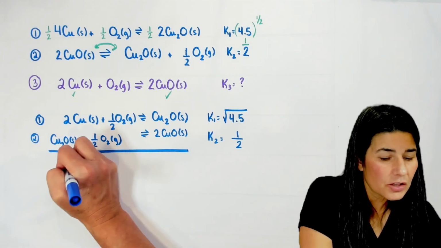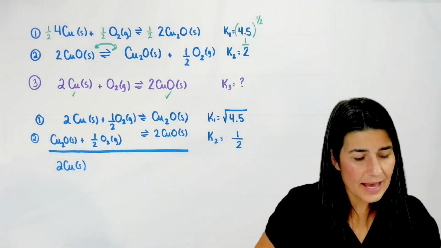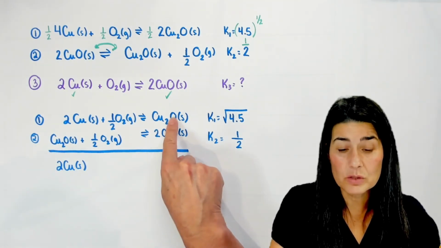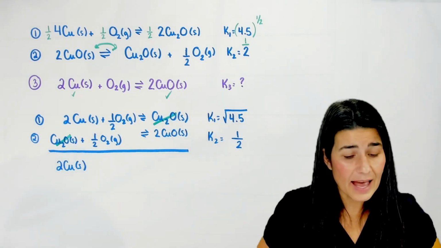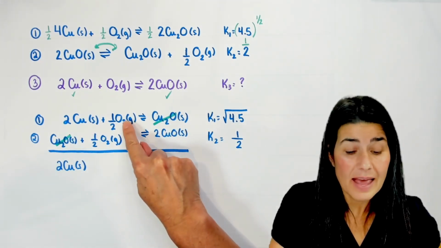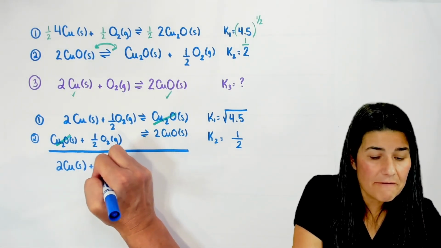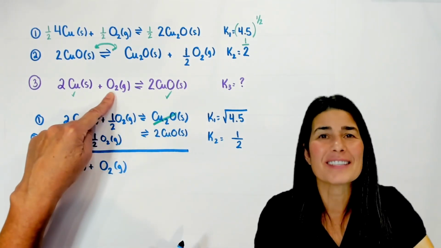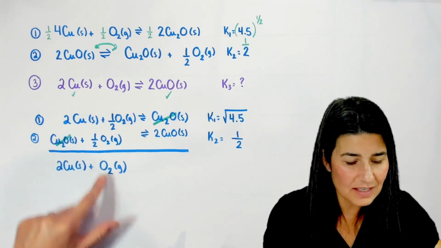That gives me 2 coppers as a solid on the left. I have Cu2O on the left, but I have Cu2O on the right. Those are going to cancel out. I have a half oxygen and another half oxygen on the left. That's going to give me 1 full oxygen, O2. Perfect. It worked itself out. Okay, so this is in good shape.